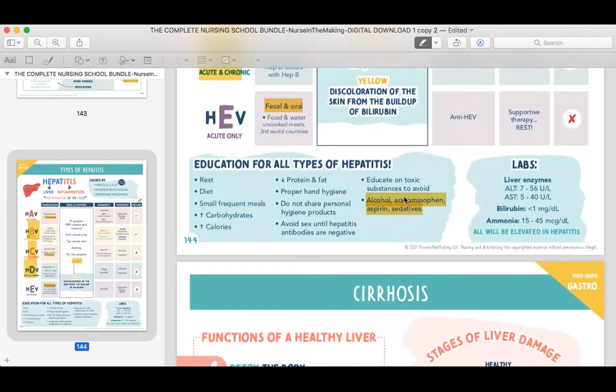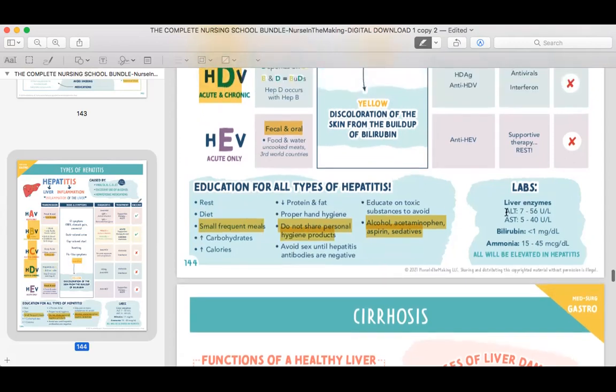Acetaminophen is very toxic to the liver, as well as alcohol. You want to make sure small frequent meals. Do not share personal hygiene products. You want to rest, because it's liver, right?